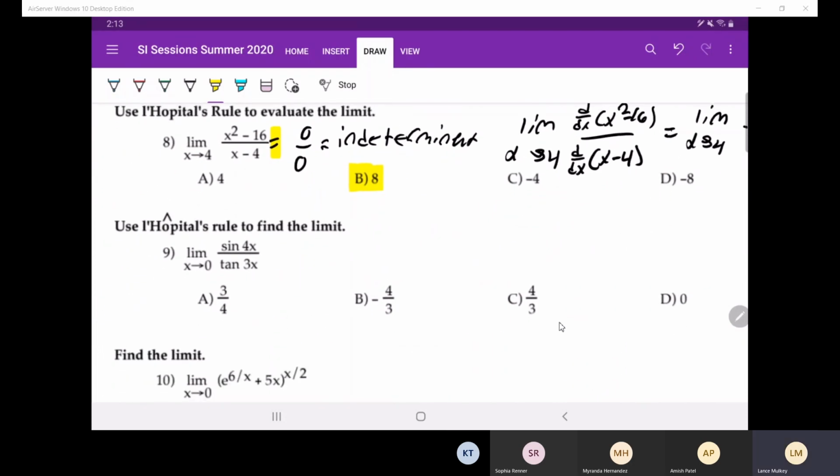Okay, so if you plug in 0 to both of these, you get 0 over 0.